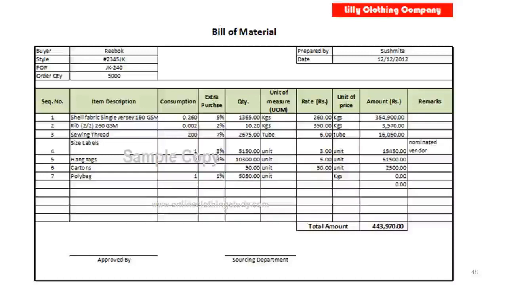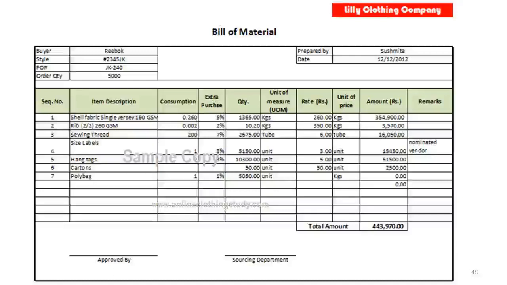And then the second one is rib 2x2 260 GSM. Third is sewing thread. Fourth is size label. Fifth is hang tag. Sixth is carton. Seventh is polybag. So all the fabric, all the accessories, all the packaging material and things like that, all of that has to be mentioned here, which is required when you are sending the shipment.